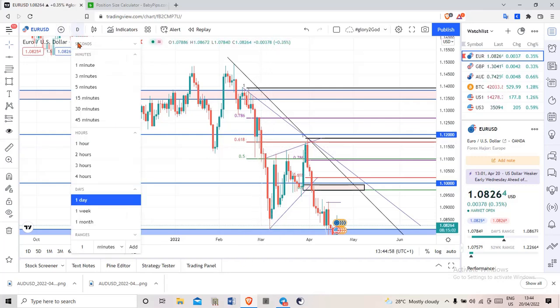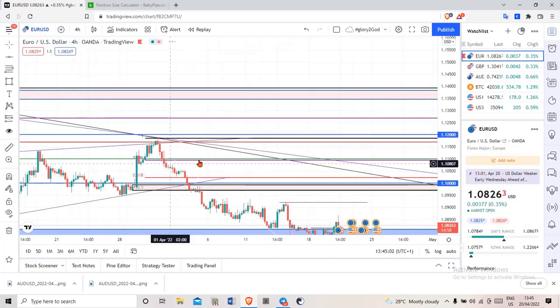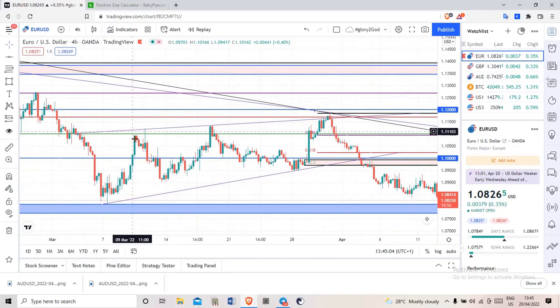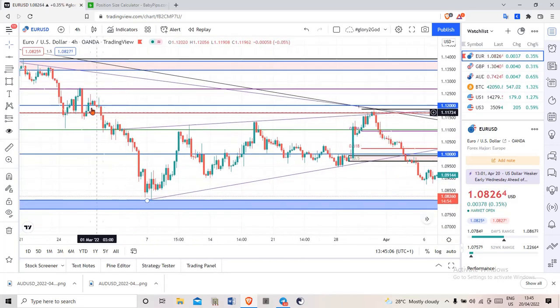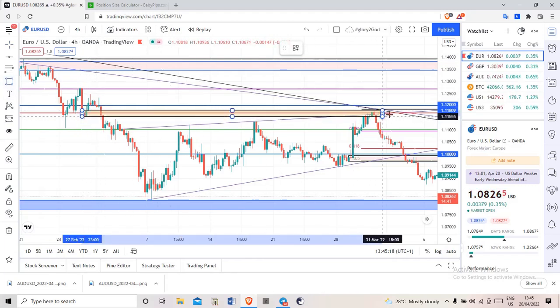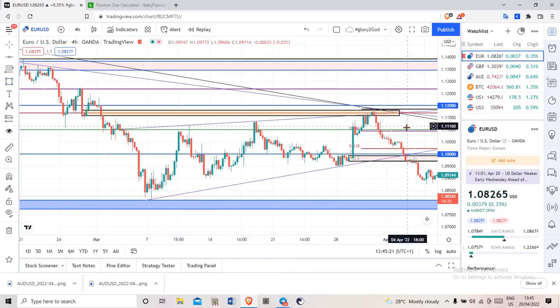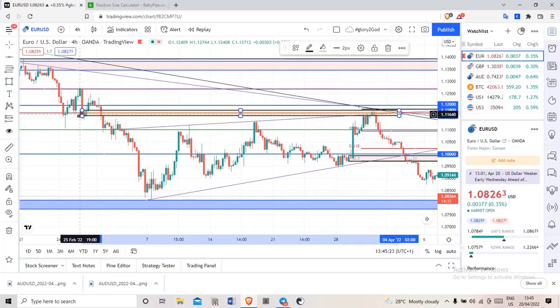Sorry, let's go back to the 4 hourly time frame. Okay, so I have some breaker block around here. If I should take this trade, this is a breaker block. With time you get to understand these things very well. And yeah, this is a breaker block. This is a breaker block.